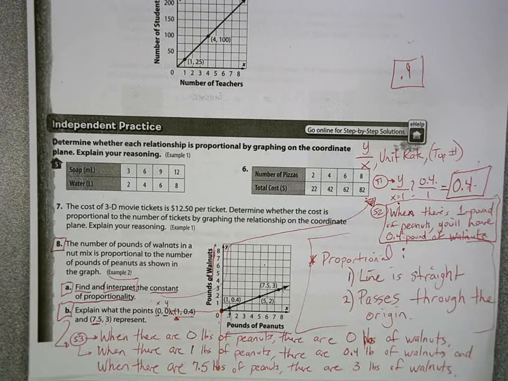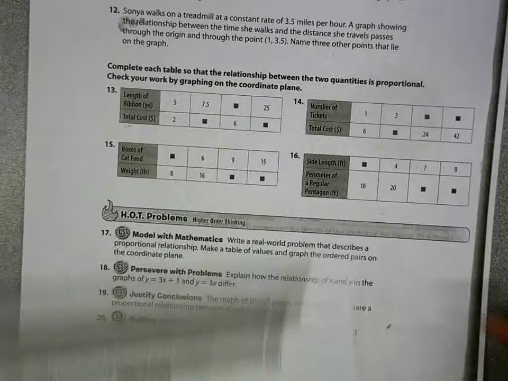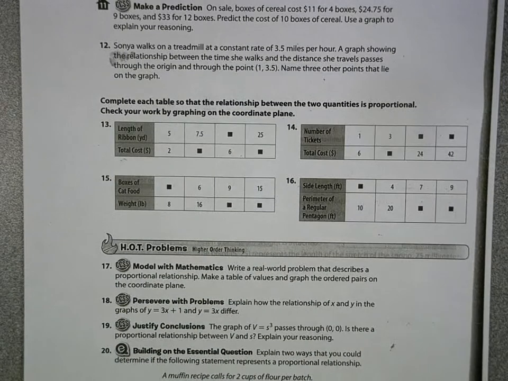And for part B, when the side length is 0 inches, the perimeter is 0 inches. And when the side length is 1 inch, the perimeter is 4 inches. When the side length is 3 inches, the perimeter is 12 inches.